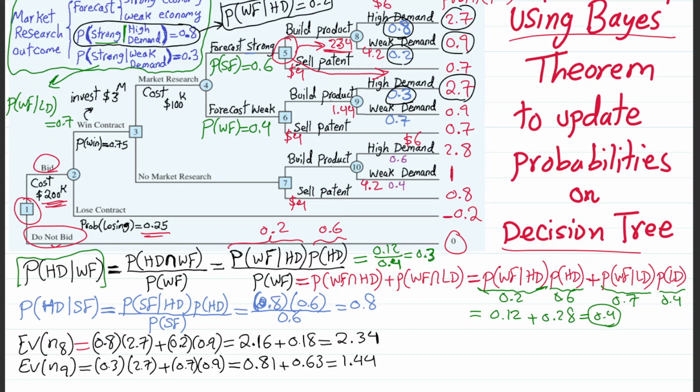So therefore, the decision at node 5, this is the process of backward pass-through. As you can see, we started from the right side of the decision tree. We are going backward through the decision tree.